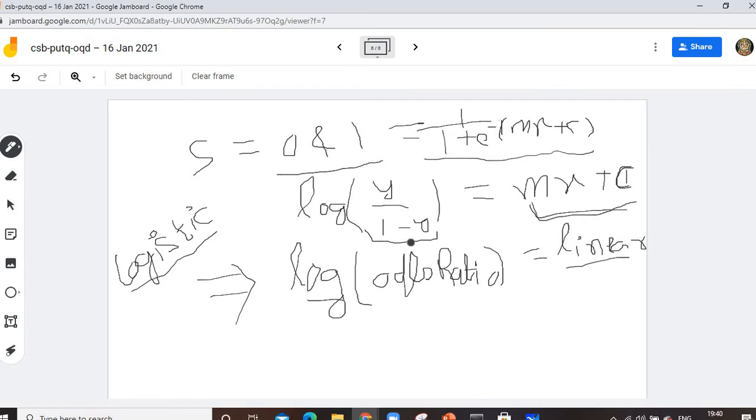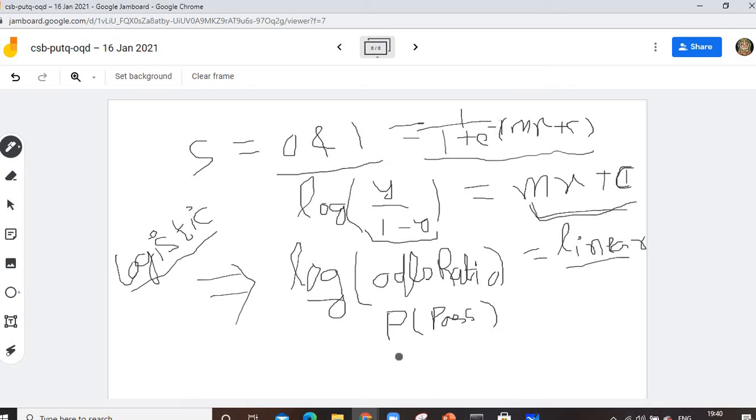And this is called the odds ratio, y divided by 1 minus y. What is the odds ratio? Y divided by 1 minus y. This is nothing but the probability of pass or fail. In our case, it is pass or fail.